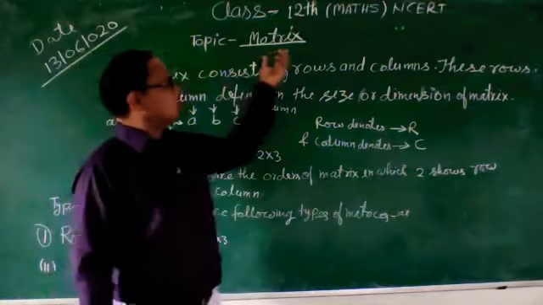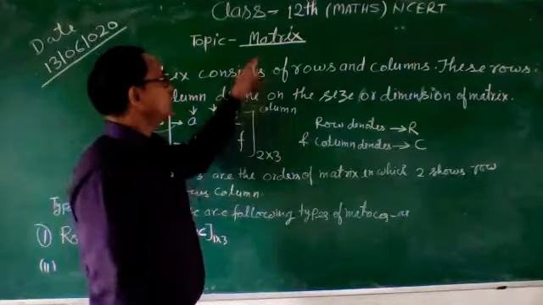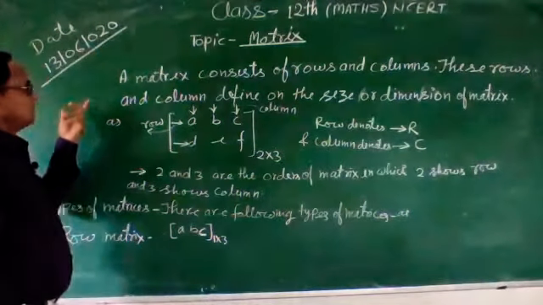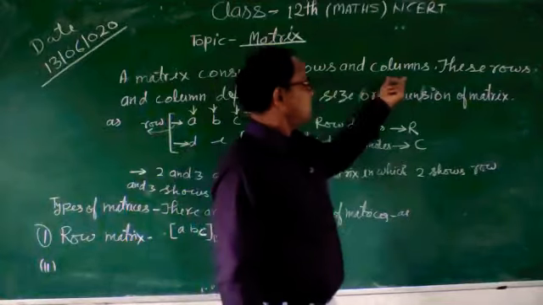First we learn what a matrix is. A matrix consists of rows and columns.